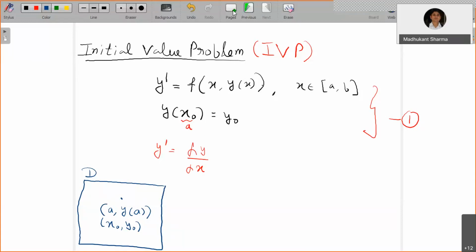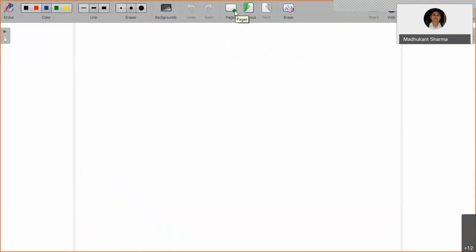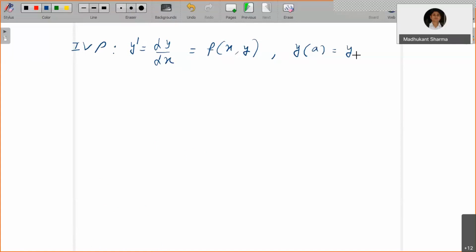So the result is as follows. We have been given the initial value problem dy by dx, which we denote by y dash, equals f of x comma y, where y is a function depending on x, with the initial condition y at a equals y naught.